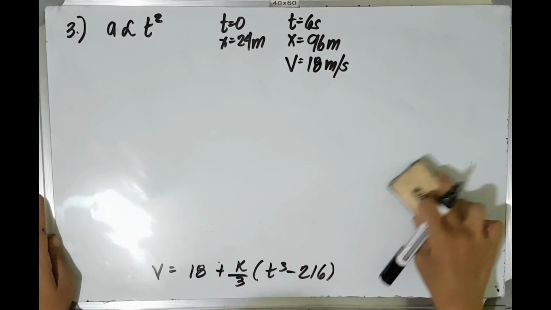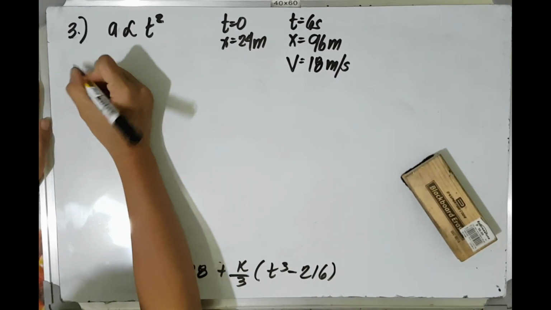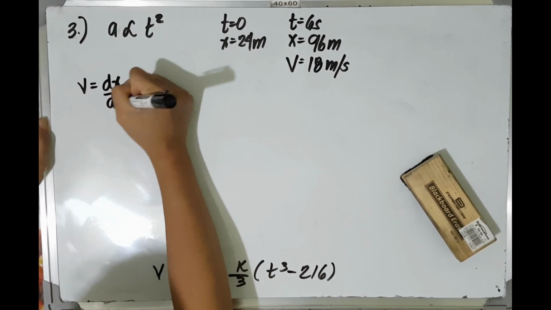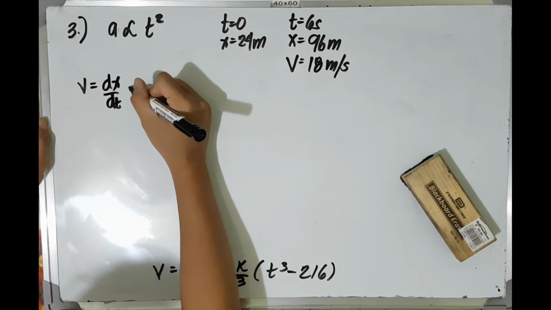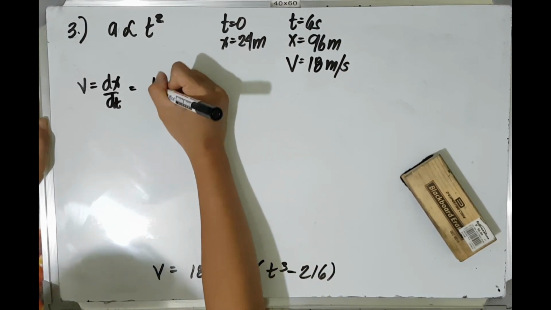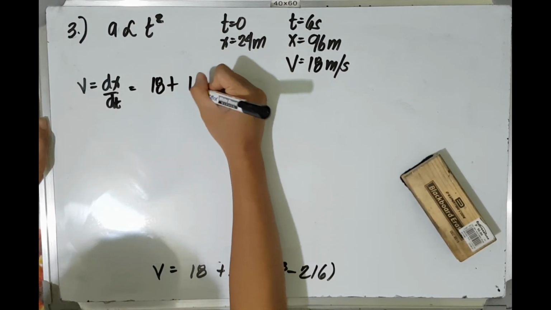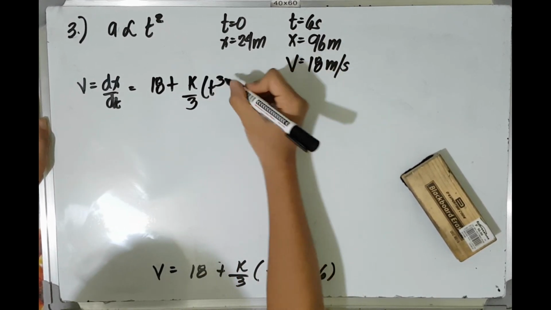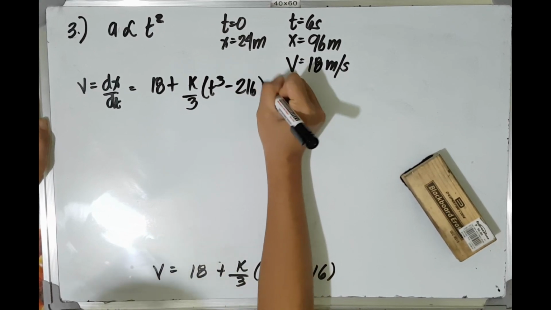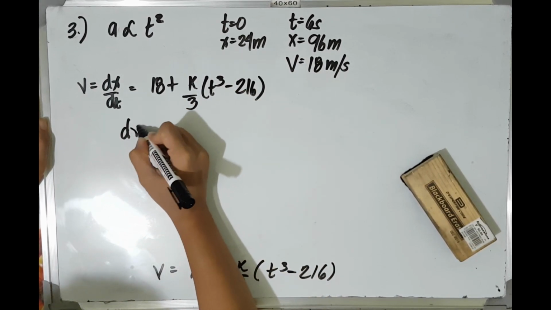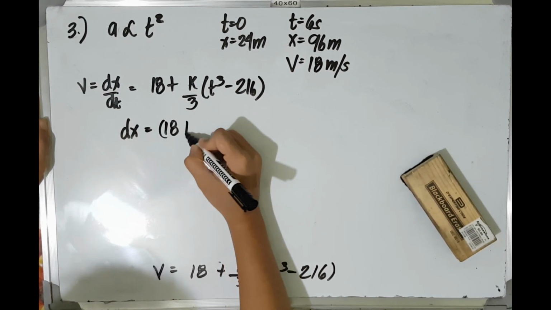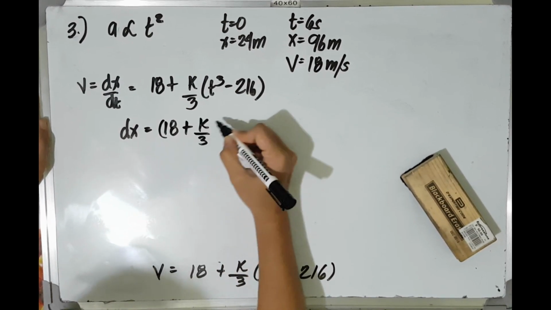And then to be able to get the x equation, we will integrate the equation that we got. So integrating 18 plus k over 3 multiplied by t raised to 3 minus 216 dt.